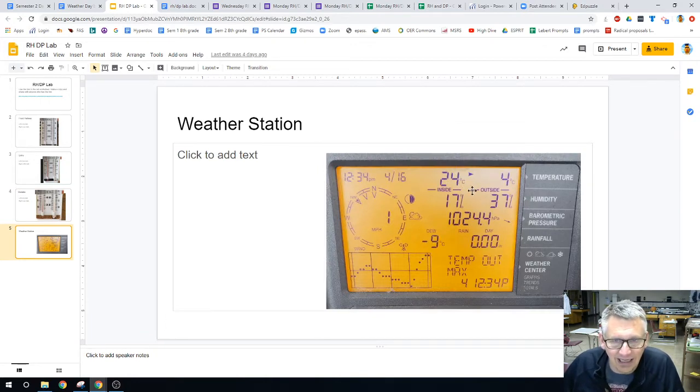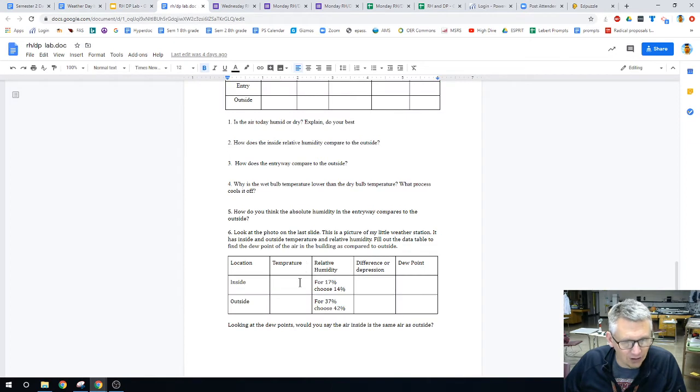Right here is the inside temperature in Celsius. There is the relative humidity in percentage. Here's the outside temperature in Celsius, and there is the relative humidity. And you'll fill in the temperature, and you know the relative humidity. From that, you want to try finding the depression on the chart, and then try finding the dew point.